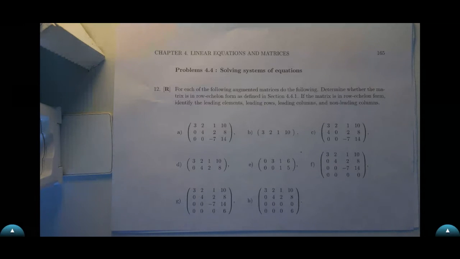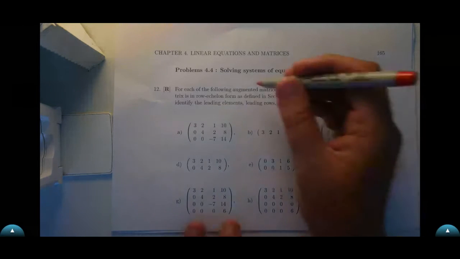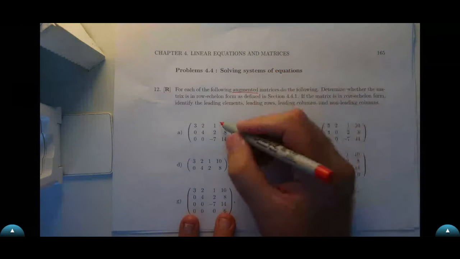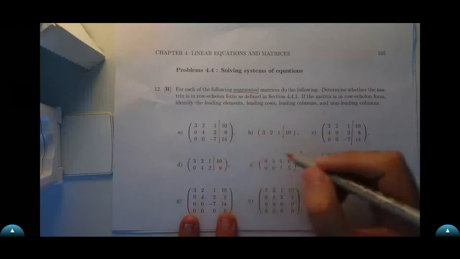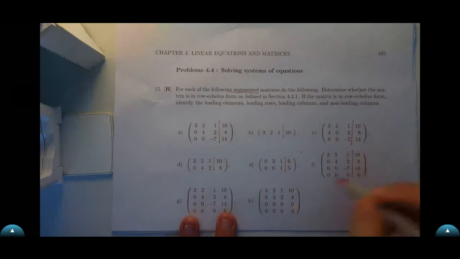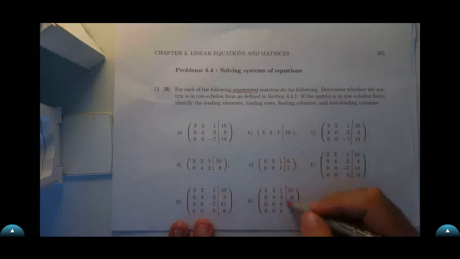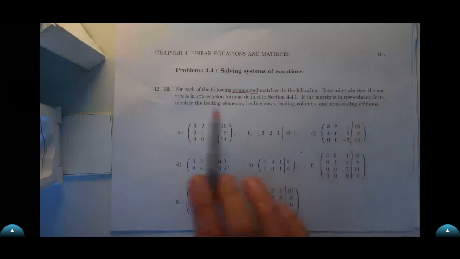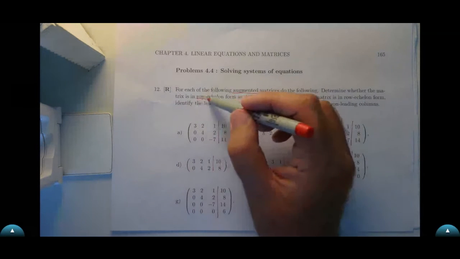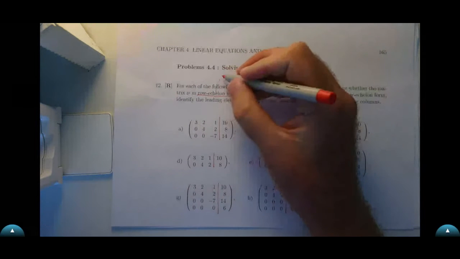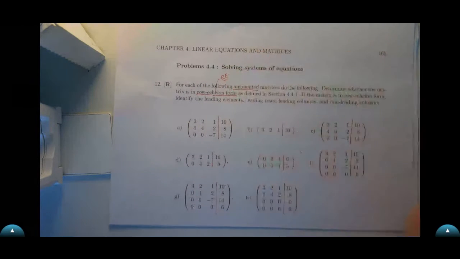Okay, so this is, I think, a really good question. For each of the following augmented matrices, we're asked to do the following. Determine if the matrix is in row echelon form.